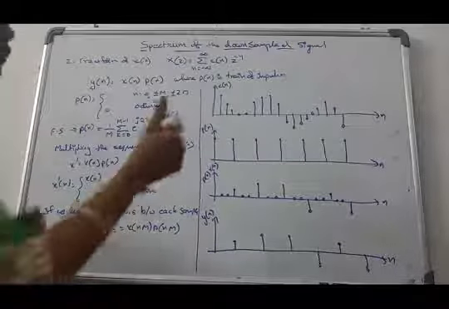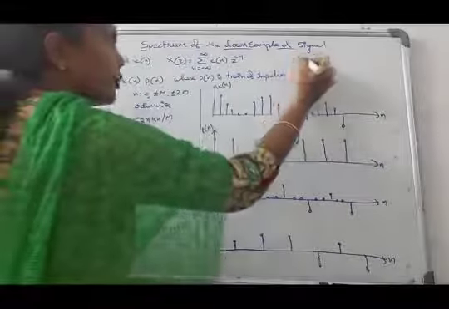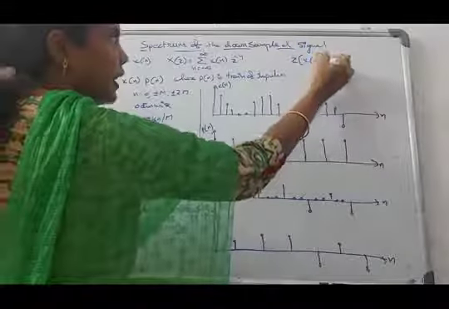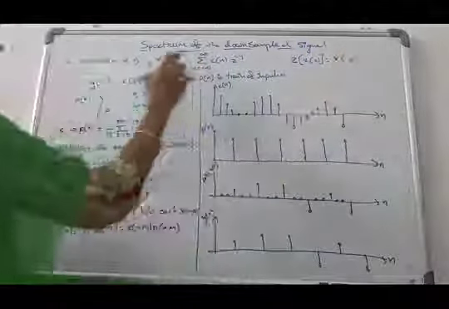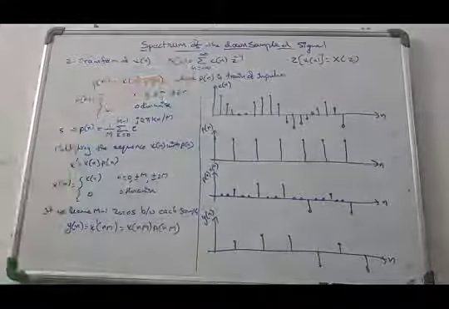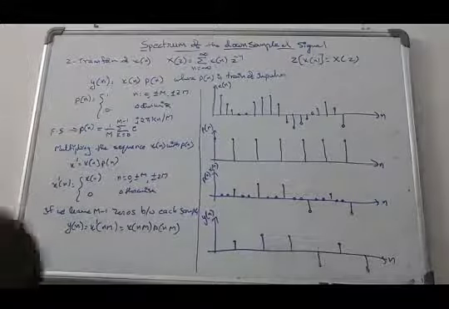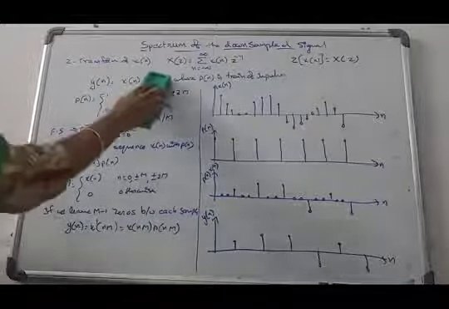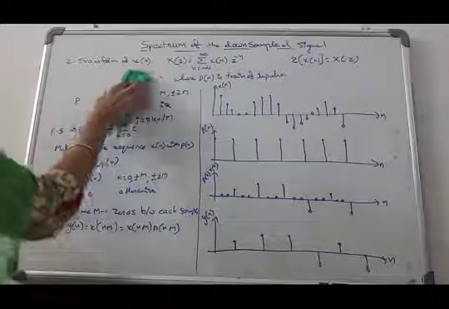The Z transform of x of n is X of z, so write the formula for the Z transform. Now, how can the output y of n be obtained?